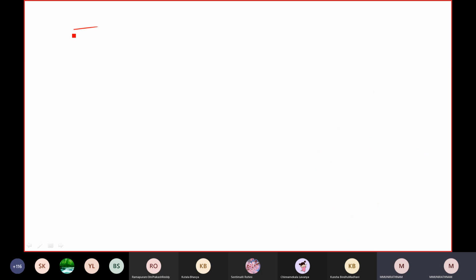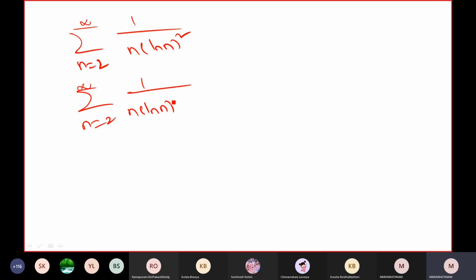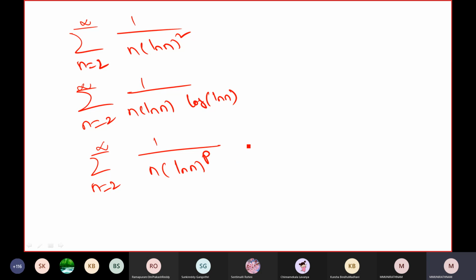So practice these problems. Practice these problems using the integral test.